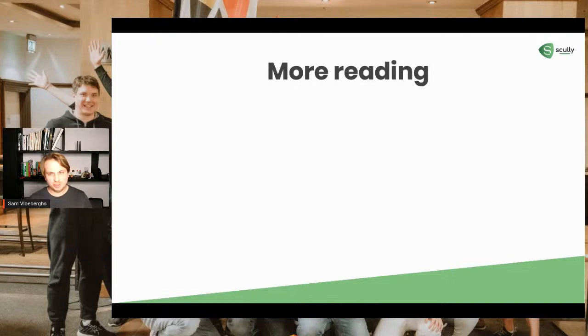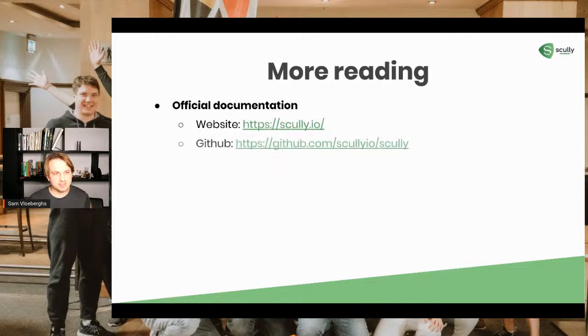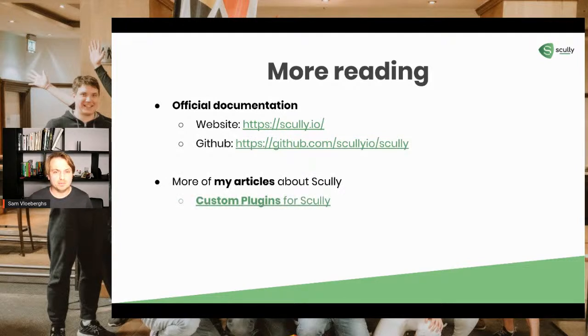So those were the three things I wanted to mention. As I said before, most of them were already discussed, but I hope that I was able to add some extra detail. If you want to read more about Scully, you can of course check the official documentation on the Scully website and their GitHub organization. I also wrote a few articles about most of the stuff that I explained in this talk.